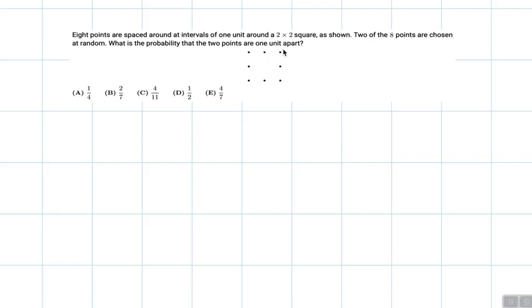Okay. So to choose this, what's the probability that the 2 points are 1 unit apart? It doesn't matter if I choose on an edge or not. No, it shouldn't matter.